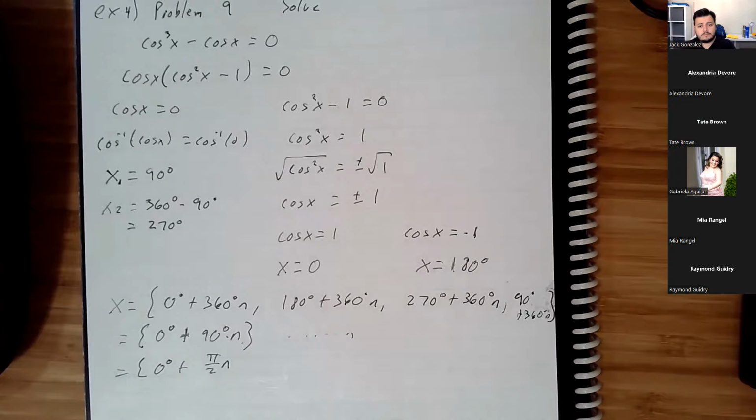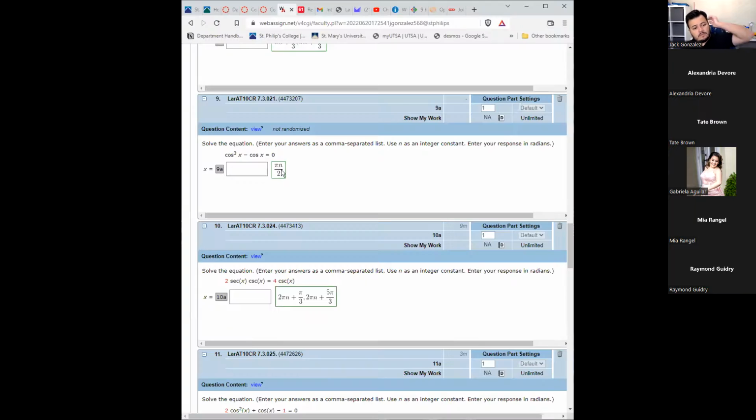Let's look at our answer. Yeah, here it is. So they got just pi over 2N. Anyway, you see how they're condensing the problems. Is this making sense?